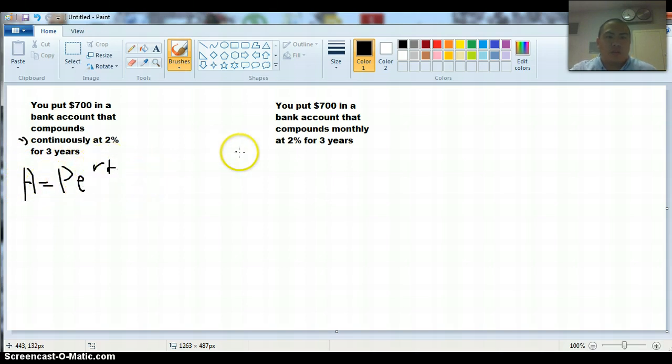Now on the right, you put $700 in a bank account that compounds monthly. When you see something like monthly, weekly, daily, or quarterly, you have to use this formula, which is A equals P(1 plus r over n) to the power of nt, where n is how many times it compounds in a year.